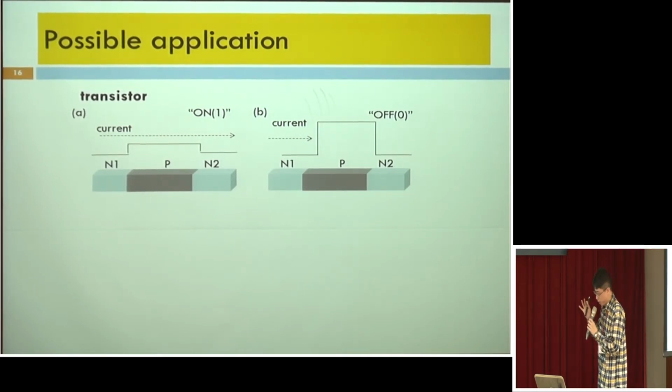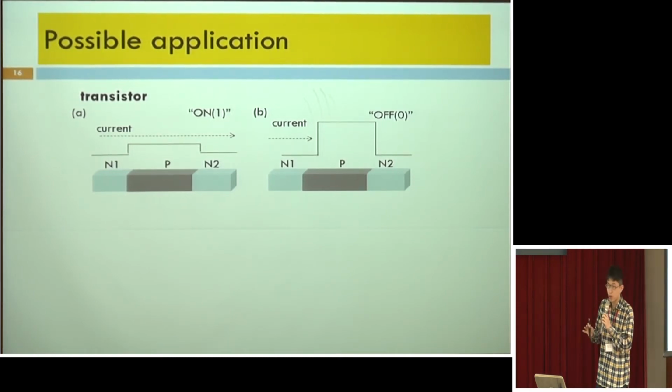Traditionally, if we want to control on and off in electronic devices, we need to apply a large current or a gate field. But this kind of setup costs higher energy and the response is very slow.